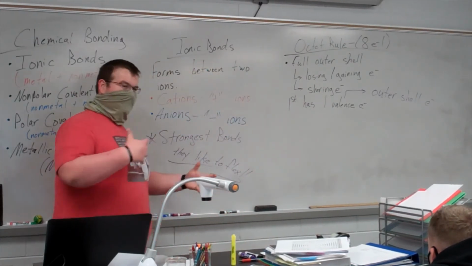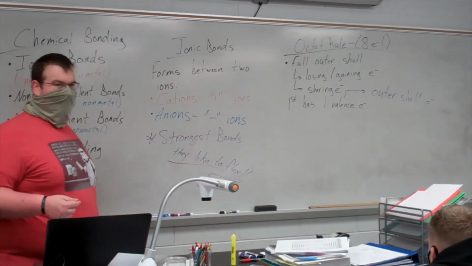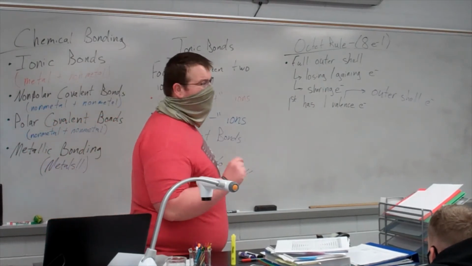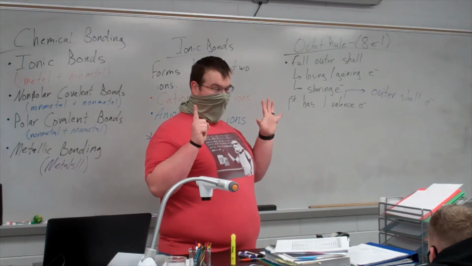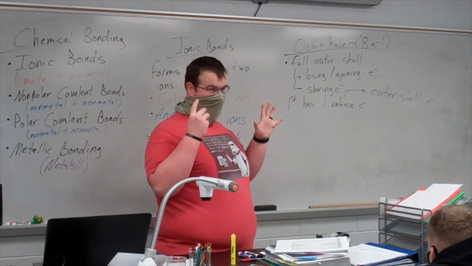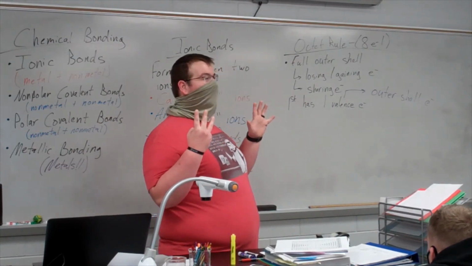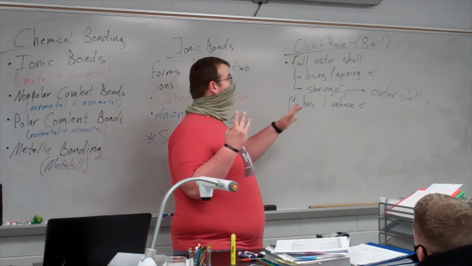I don't know if I'm just boring today or you guys are still not awake. How many can go in a P subshell? 6. What's 6 plus 2? 8. How many valence electrons are they looking to get? 8.